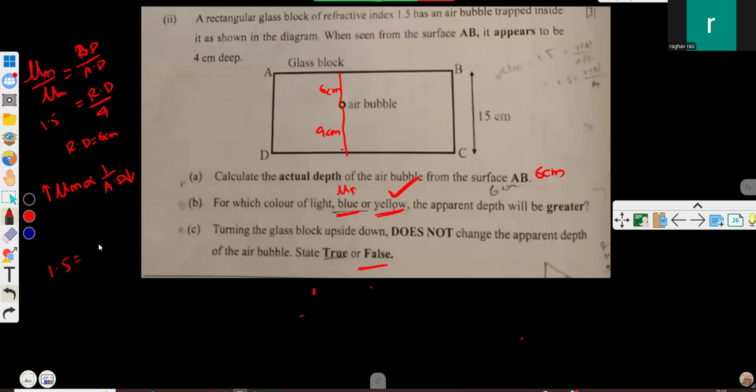So 1.5 is equal to real depth, 9, divided by apparent depth. Apparent depth is equal to 6 centimeters. So the apparent depth is going to change. It is false.